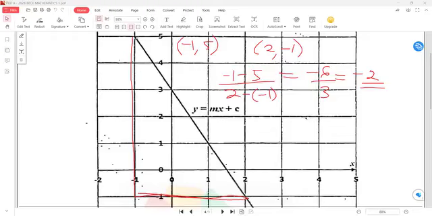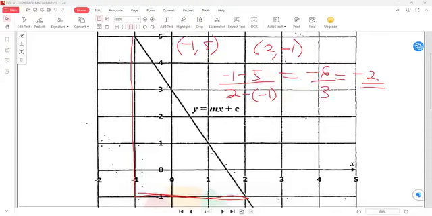But you have to note one thing here. If your graph is slanted or sloped upwards towards the left, the slope is always negative. If it is slanted upwards towards the right, the slope is always positive. If it is vertical, it means that it has no slope.